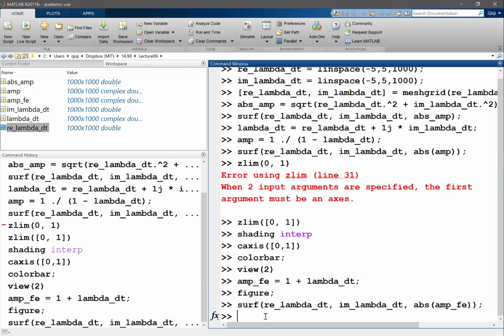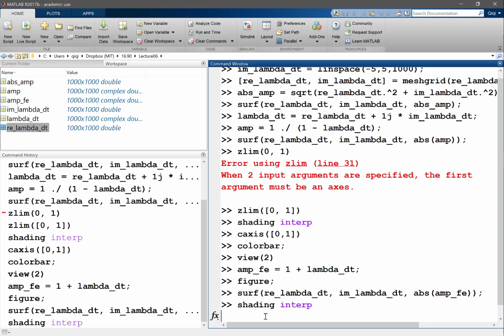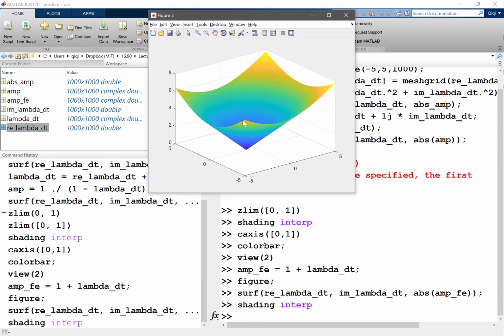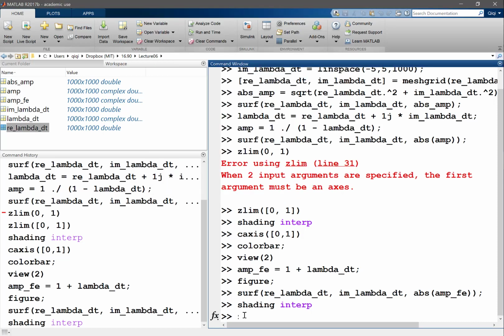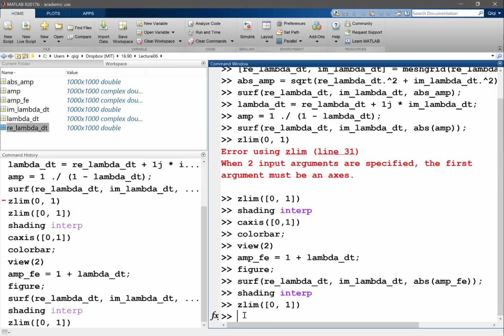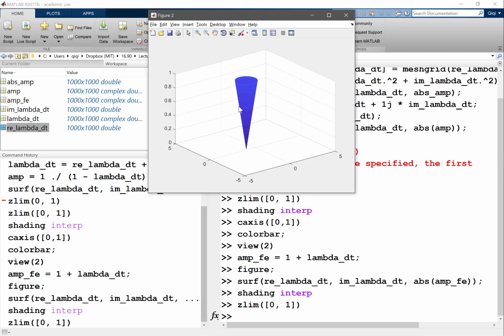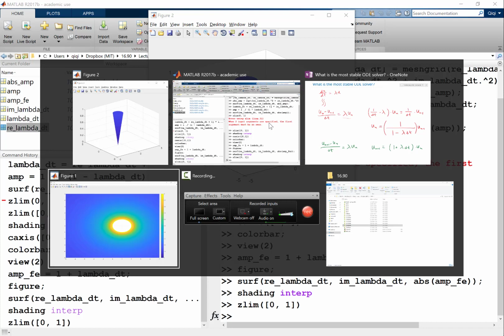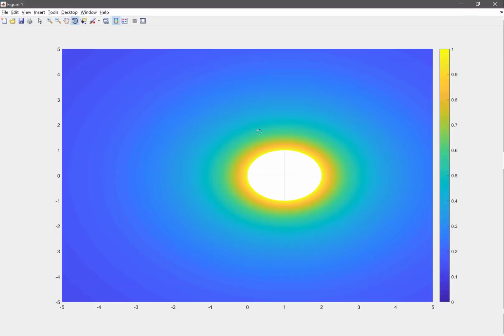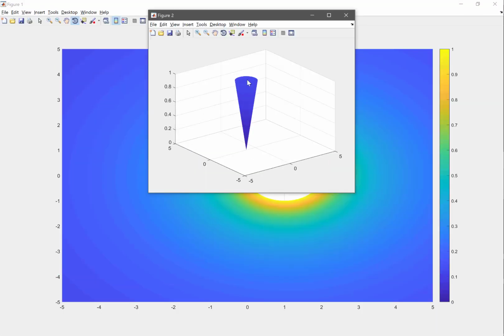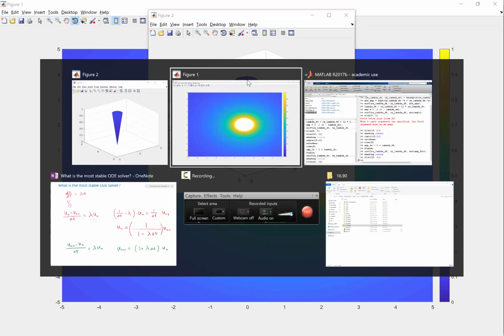And if I do shading interp to get the colors to be in the right order, and I also make the z limit to be 0 and 1, what I get is a cone like this, right? As opposed to backward Euler, which is a huge region except a hole. The forward Euler is only stable inside a hole.